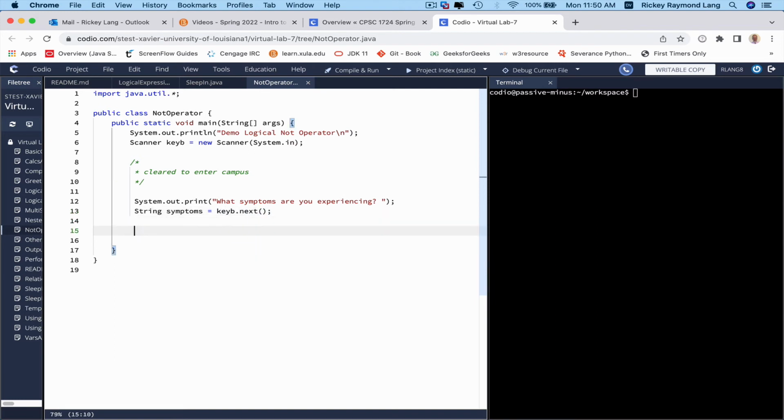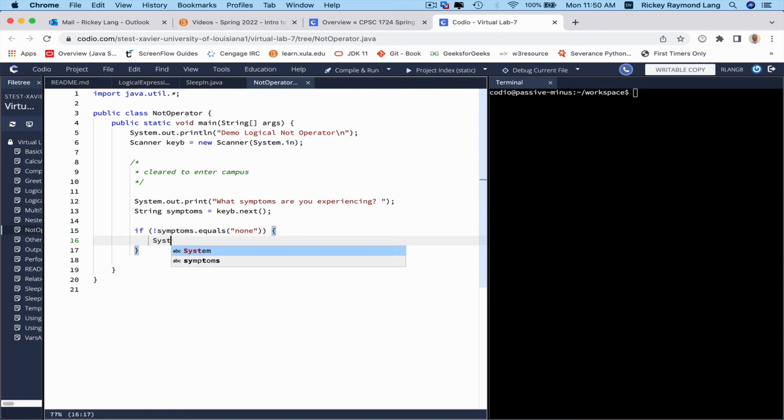keyboard.next. So if symptoms equals none, I'm going to contradict that. Put an exclamation point to the left of the expression, and that means if symptoms equals none is false, then we'll print a message.